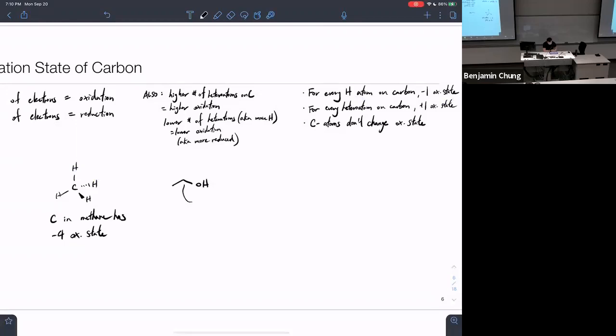So this carbon here, we have 2 hydrogen atoms attached to it. They're not drawn, but it's understood that they're there, as you know. So that gives us -2. We have 1 oxygen atom attached to that. So that gives us +1. And then we have this carbon here, which doesn't add anything. So in total, this is -1 oxidation state.